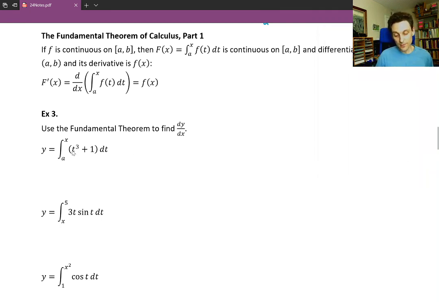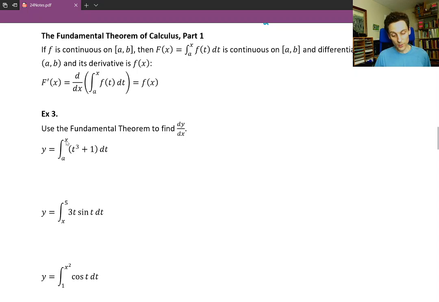So here we have y equal to this integral from a to x of t cubed plus 1 dt. Now the key thing to note here is that this is a function of x. It's a funny looking way of writing a function, but this is a function of x, right? T cubed plus 1 has some antiderivative. We don't have to know exactly what it is.